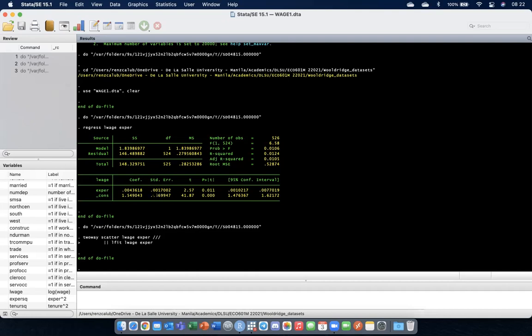So the lower the standard error is, the more efficient OLS is, in the sense that the variability, the spread of the estimates around the true population parameter value beta 1, is smaller.